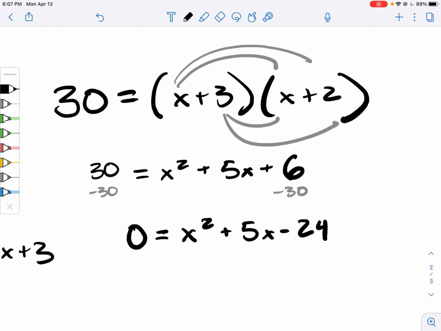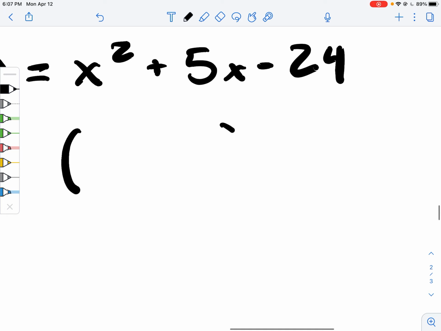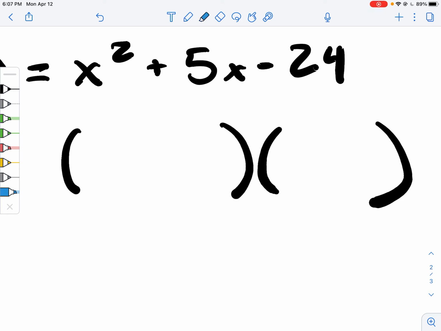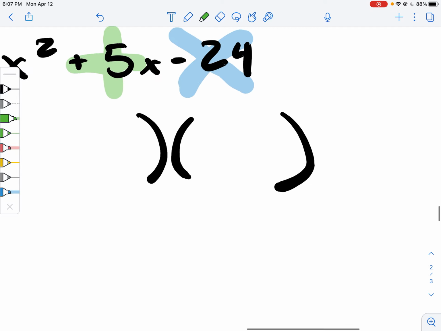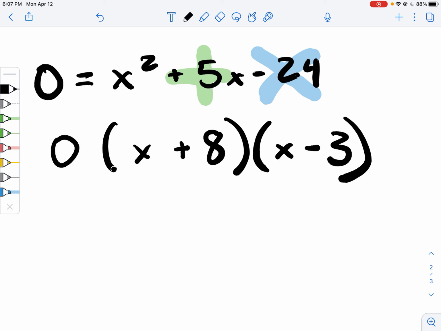To factor this, we're looking for two numbers that multiply to negative 24 and add to 5. That ends up being positive 8 and negative 3. So 0 equals x plus 8 times x minus 3.